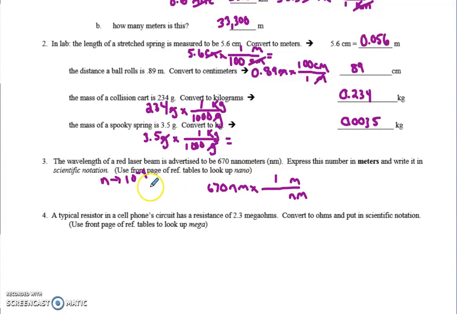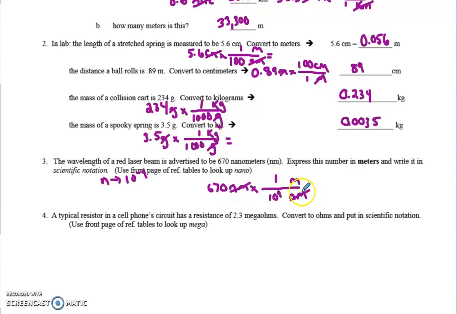If nano stands for 10 to the minus 9, which is smaller than 1, there must be 10 to the 9 of them in order to get to this 1 meter.